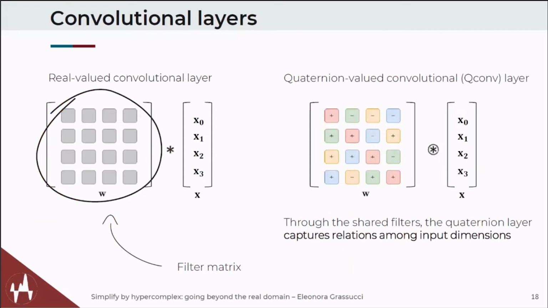So for example, W0 is multiplied by X0, X1, X2, and X3. This is a great advantage for quaternion neural networks, since a small change in the input is reflected also in the weights. So if the dimensions of the input are correlated, then we can preserve such correlations through the sharing of weights.